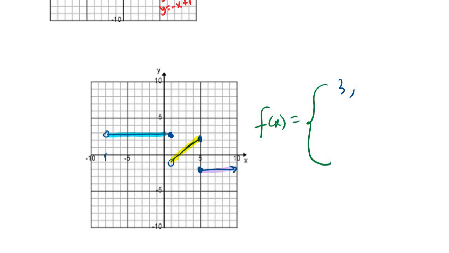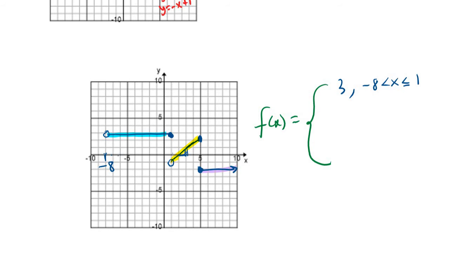And the domain is going to be from, this is negative 5, negative 6, negative 7, negative 8. So it's negative 8 all the way to 1. So it's going to be negative 8 less than x less than or equal to 1. The second piece is just y equals x, I mean, the slope is 1.